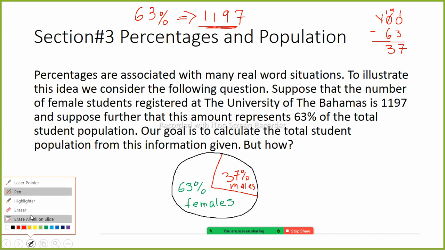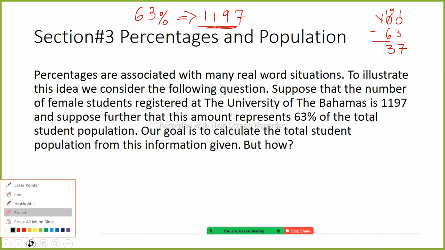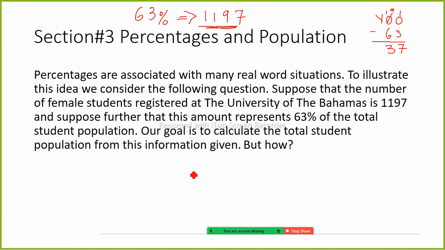Let me erase this, I don't need this no more. Let's say that the total amount of students inside the school, we're going to represent by small t. Now I multiply it by 63 over 100.